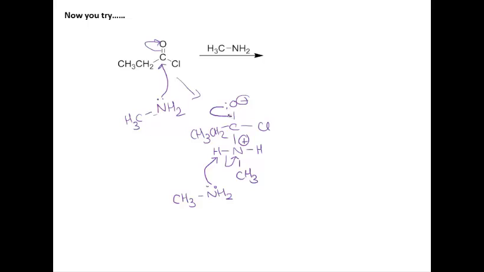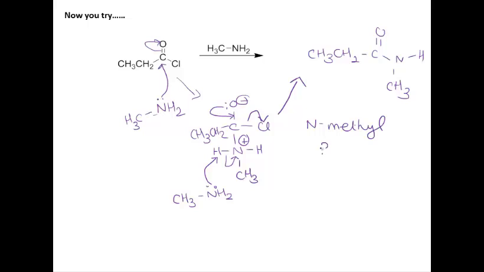In comes the lone pair from the oxygen, and out goes the chlorine as a leaving group, leaving us with, okay, and we could try and name that 1, 2, 3 here. So 3 is our longest chain, based on propanamide, and it's N substituted, so N-methyl propanamide.